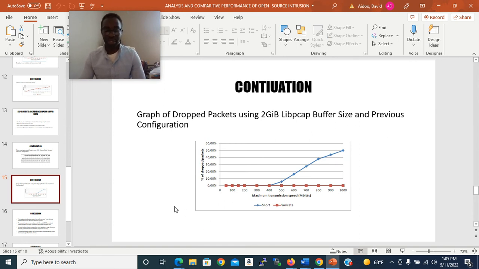You could see Snort analyzed 420 megabits per second traffic without any dropped packets, which shows great improvement compared to the other experiments. Also, you could see the maximum transmission speed is higher for Snort here, and you could tell by looking at the peak curve. The peak curve shows that the maximum transmission speed is much higher here. As for Suricata, you could see Suricata achieved zero dropped packets.